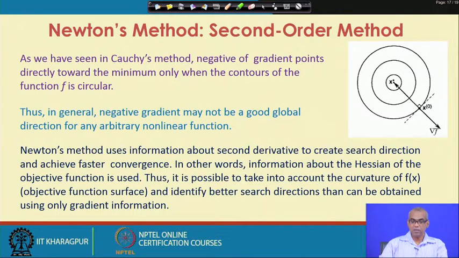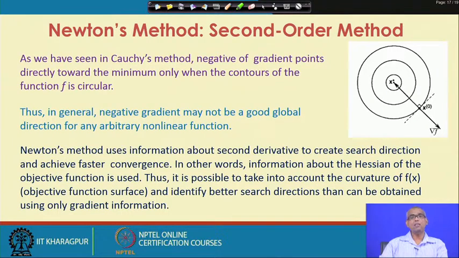The second derivative tells us about the curvature of the function. So, Newton's method uses Hessian information, or the second order information, to obtain a better search direction, and therefore we obtain faster convergence.